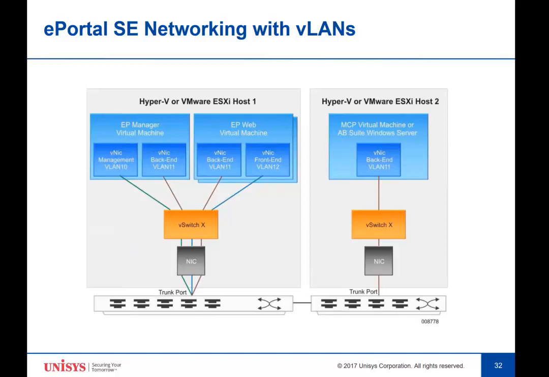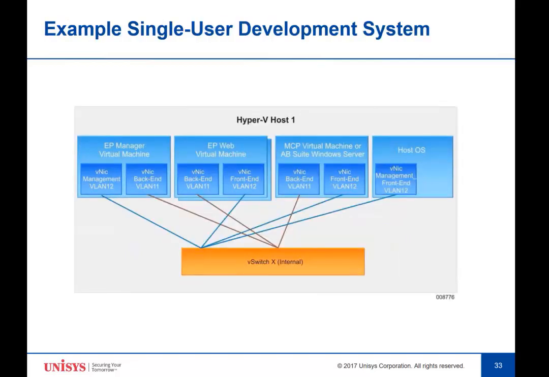One more example I want to give you here is an example of setting up a development system. So in this case, you'll see there's no physical NICs. Everything is residing in one box, and you can kind of envision maybe doing this on a laptop. Not only do we have the ePortal components in here with our virtual switch, but we also have the ClearPath software series server running under the same hypervisor, or you could have an AB Suite backend server, a Windows server in there, all connected to the backend LAN and the front-end LAN.